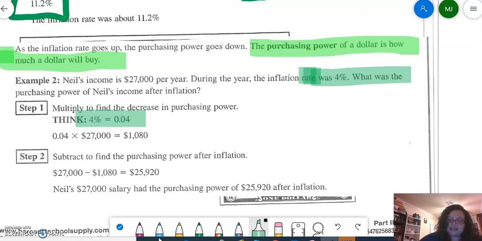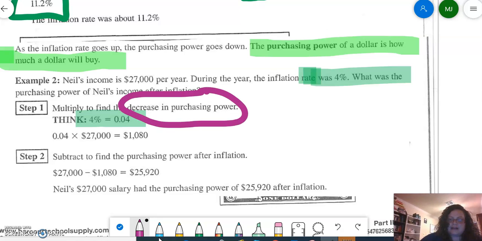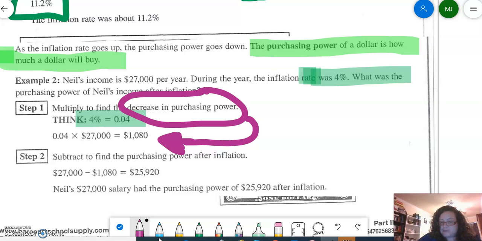So again, what we just did is finding the decrease in purchasing power when we multiplied the percent by the income. So now to actually find the purchasing power, we're going to subtract that amount because that amount is how much it went down by.